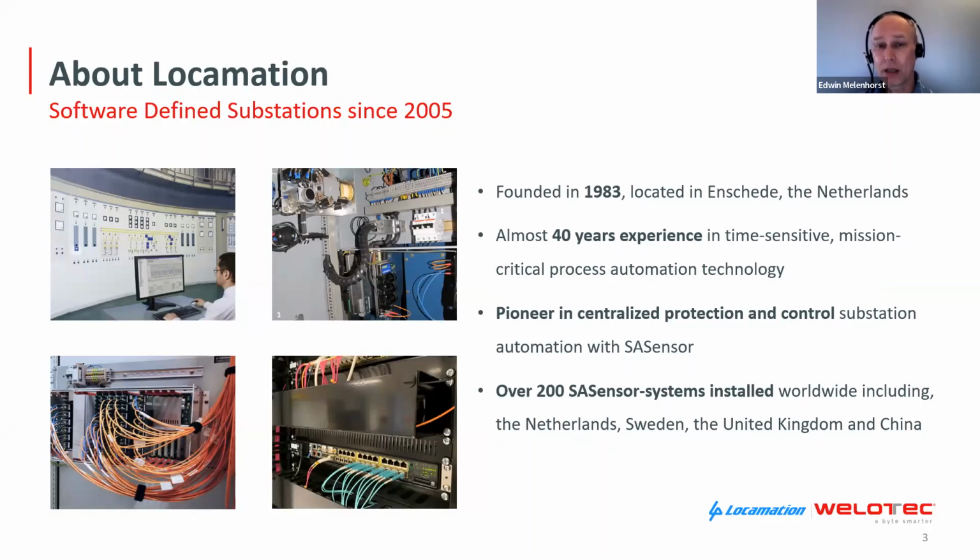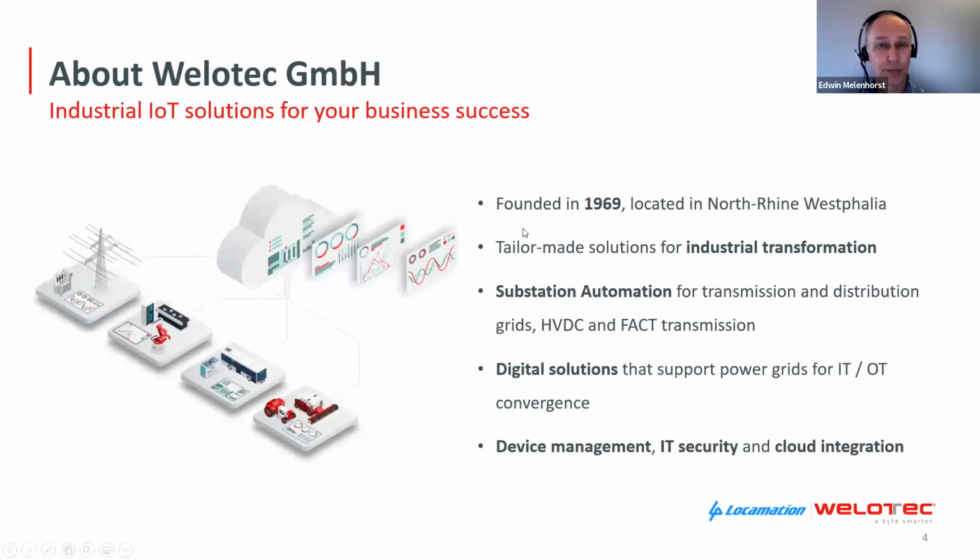And because of that, during this 40-year period, we have installed over 200 SAS sensor systems worldwide, including the Netherlands, Sweden, the United Kingdom, and China. So that's a little bit about Locamation. Over to you, Jos.